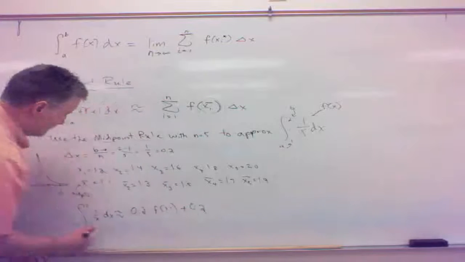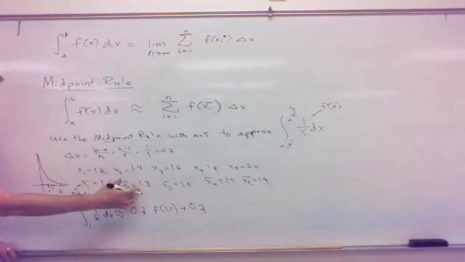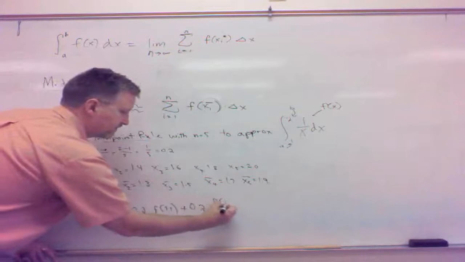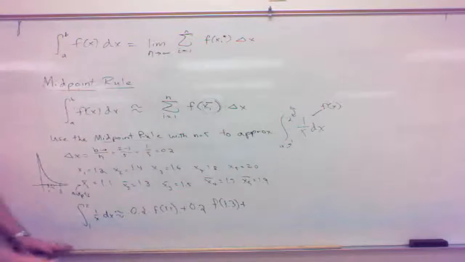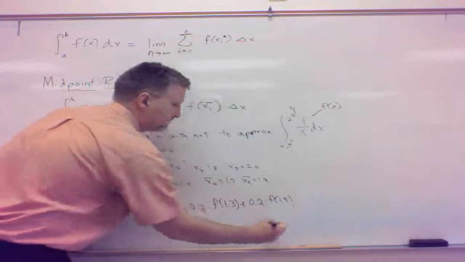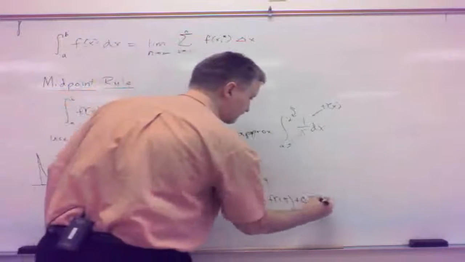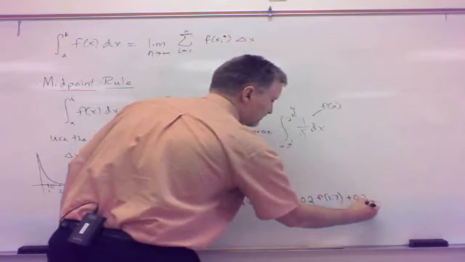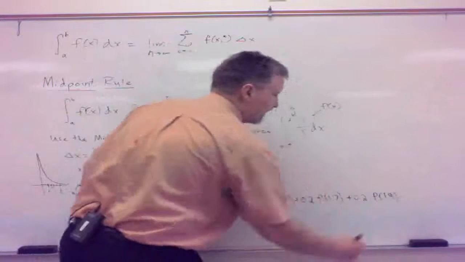Times 0.2 then. The second rectangle, I'm going from 1.2 to 1.4, but I'm using the midpoint as my height, or f of the midpoint. So it'd be f of 1.3, and then f of 1.5 times 0.2, and then the same for the fourth one, f of 1.7 at the midpoint, and then the last one would be 0.2 wide, and the height would be f of 1.9.